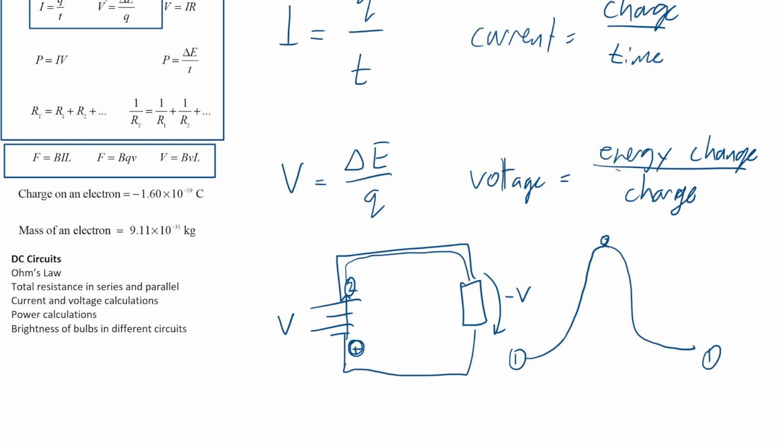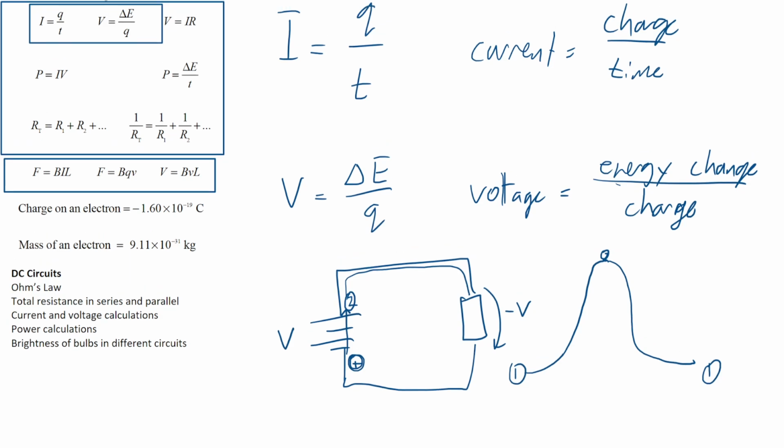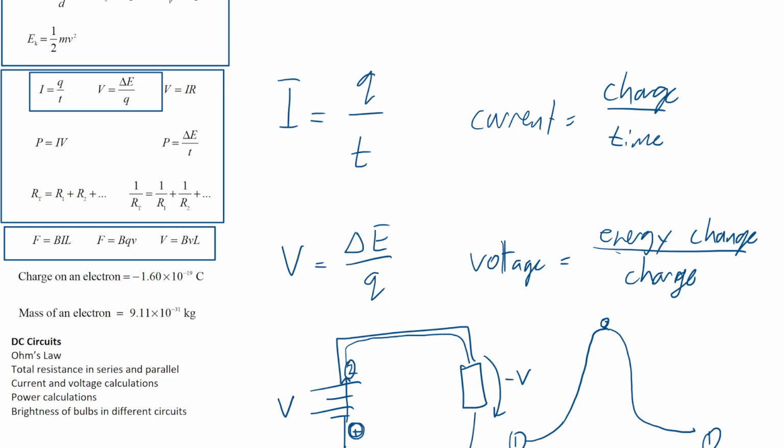So voltage is the energy given per charge. When you come across that in an exam situation, it's more just giving it as a definition. So you could just explain that voltage is the energy each packet of charge gains as it goes through a battery, or it's the energy lost per packet of charge as it goes through a resistor.